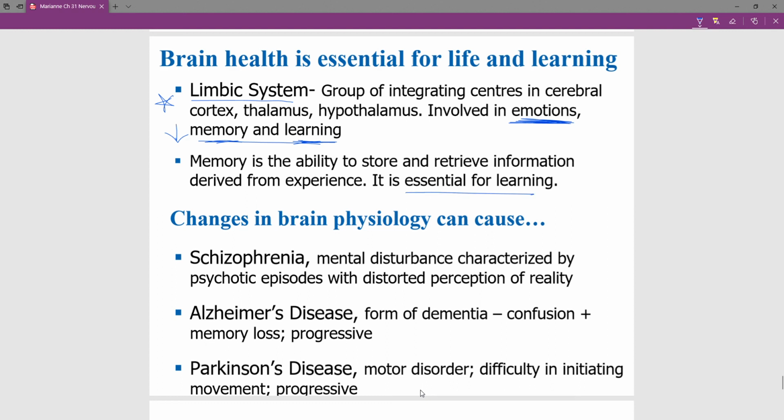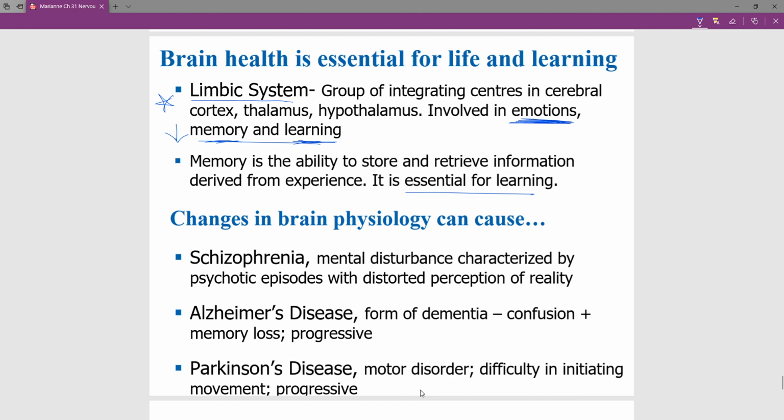There's several things that unfortunately can go wrong with our brain. And again, really stressing the understanding of your nervous system and your brain can really enhance our health and wellness. And so these are common things that do affect your brain or your central nervous system. So schizophrenia, Alzheimer's disease is a form of dementia, generally in older age, but there is early onset Alzheimer's, and Parkinson's disease.